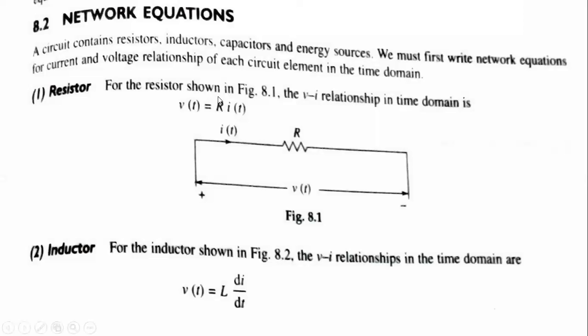So see here, whenever you are writing any kind of network equation, you should remember the circuitry will be containing not only the resistor, inductor, and capacitor, maybe individual or maybe a combination. At that time, you should remember, we know very well the inductor and the capacitor are the storing elements, and to the inductor, capacitor, and resistor, we are connecting the energy sources in the form of voltage and current sources.